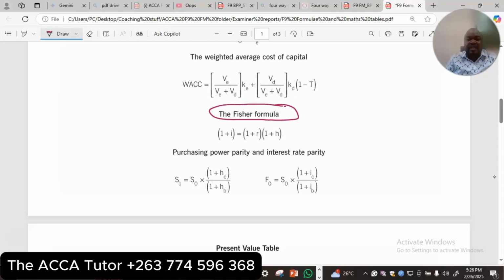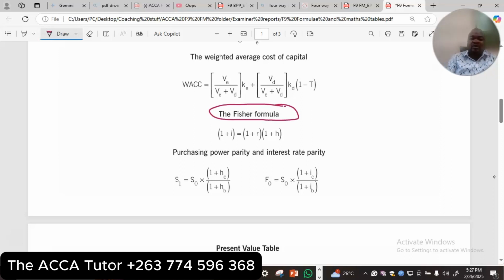This maths and formula table is going to be given to you. All these formulas are going to be accessible. You're going to see them in the examination. Of course, other formulas are not going to be given, but most of the formulas which are going to be useful for you to pass the examination are going to be given to you.